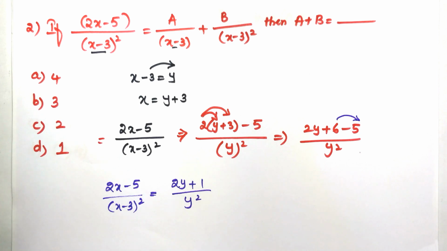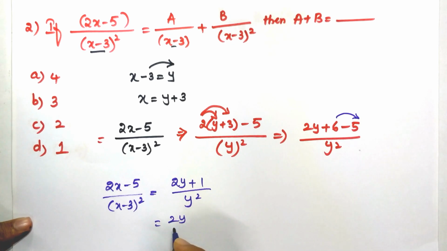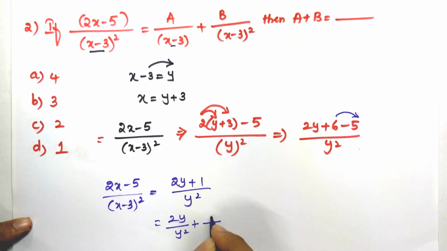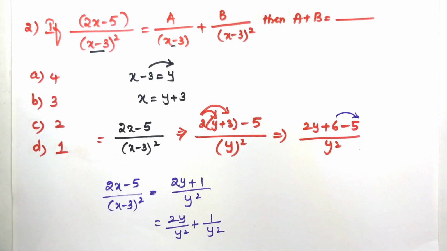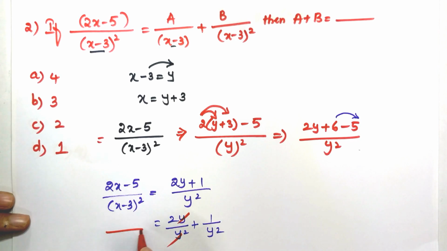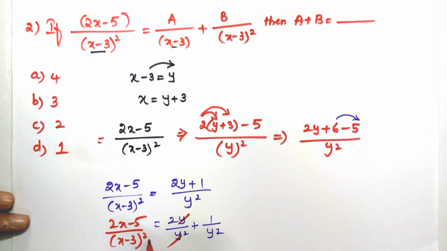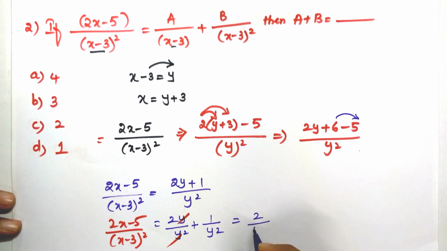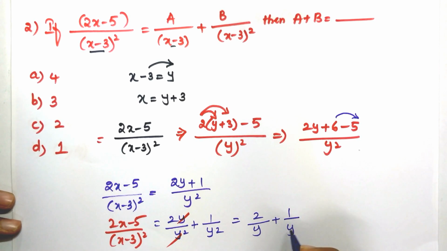Now if I split this, it would be 2y by y square plus 1 by y square. The y and y can be cancelled out. So 2x minus 5 by x minus 3 whole square becomes 2 by y plus 1 by y square.